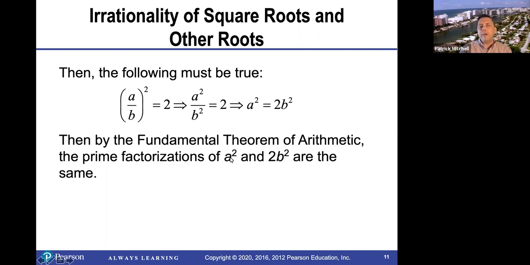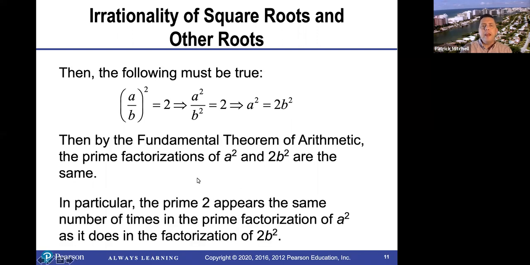So these two numbers, a squared and 2b squared, have to have the same prime factorization. In particular, the prime number 2 has to appear the same number of times in the prime factorization of a squared as it does in the prime factorization of 2b squared.